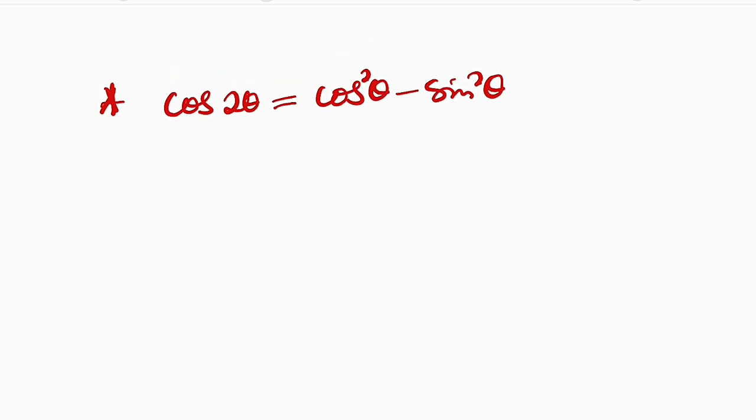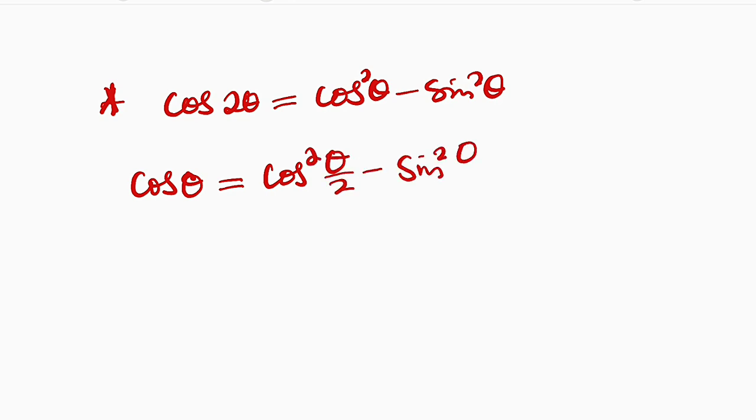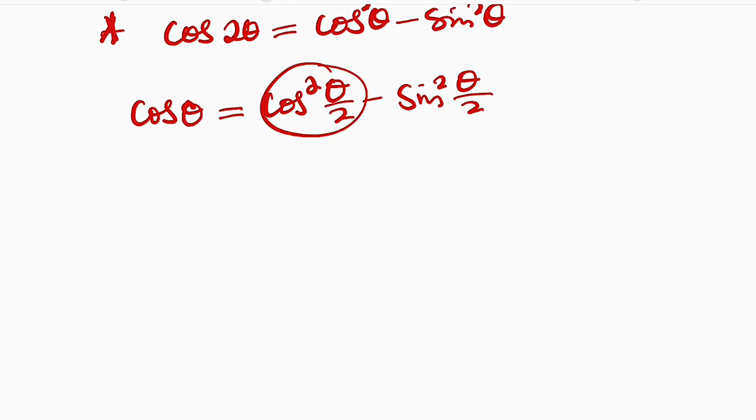So from here we can divide the angles by 2, so that we have cos theta, because 2 theta divided by 2 is theta, equal to cos squared theta divided by 2 minus sine squared theta also divided by 2. So let me start with cosine. You know, cosine squared theta is the same thing as 1 minus sine squared theta. So equally, we can write this one as 1 minus sine squared theta divided by 2, right?